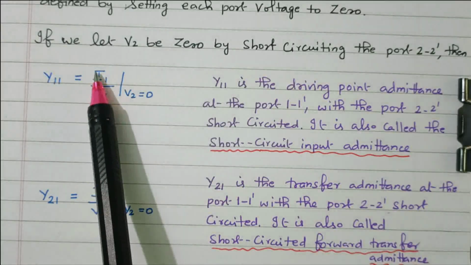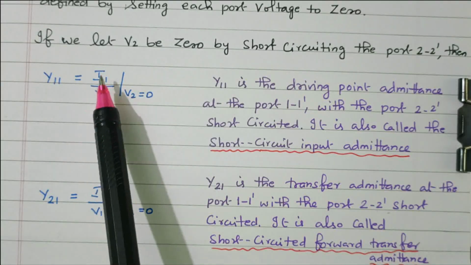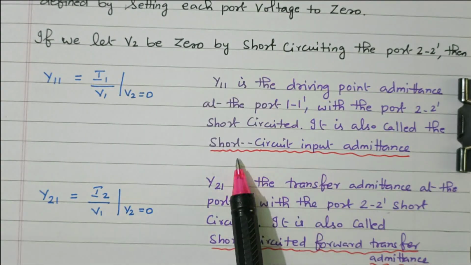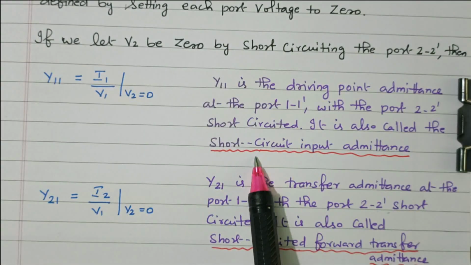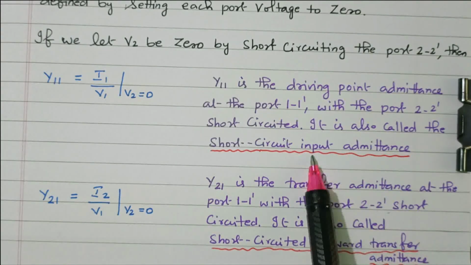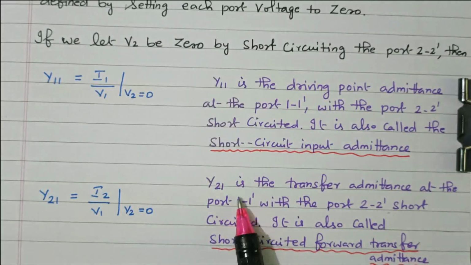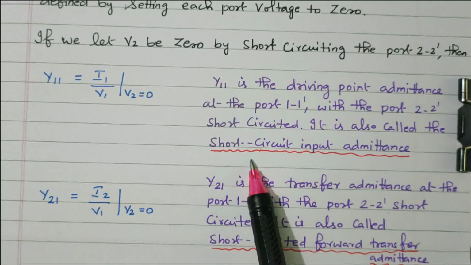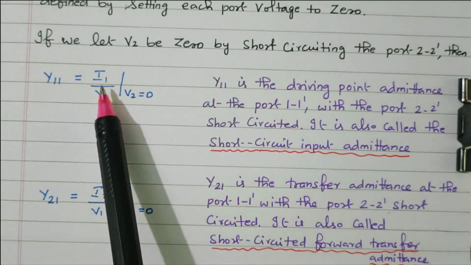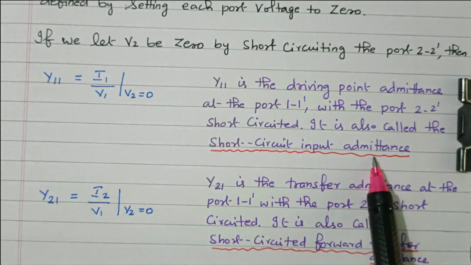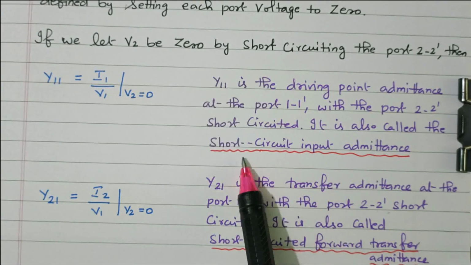We know that V1 by I1 is impedance, so I1 by V1 is admittance. It is the admittance on the input side with the output side short circuited. So Y11 is the short circuit input admittance.